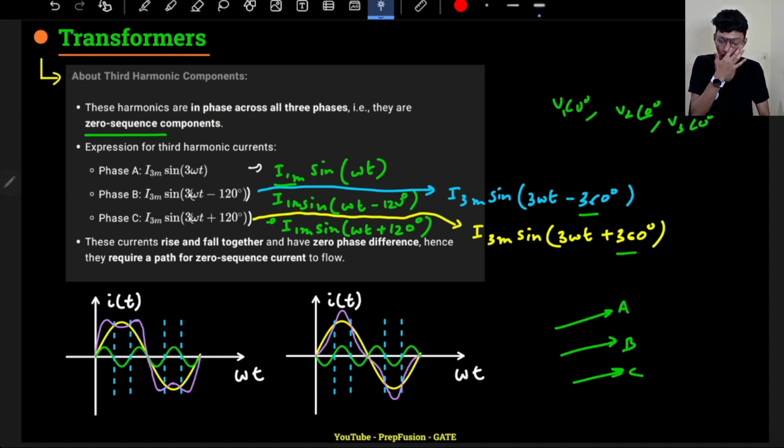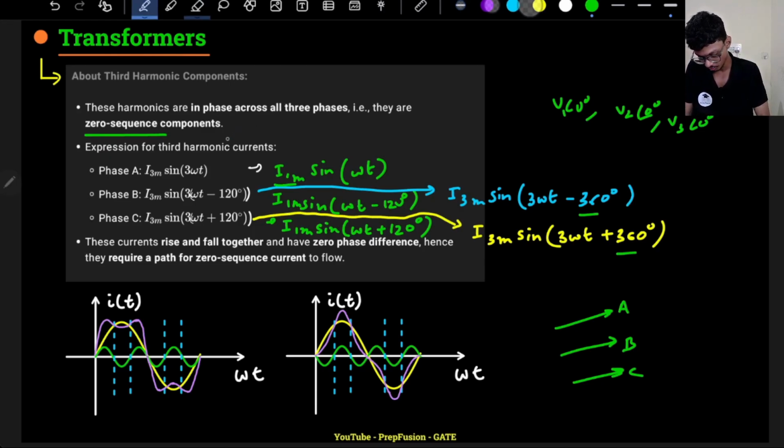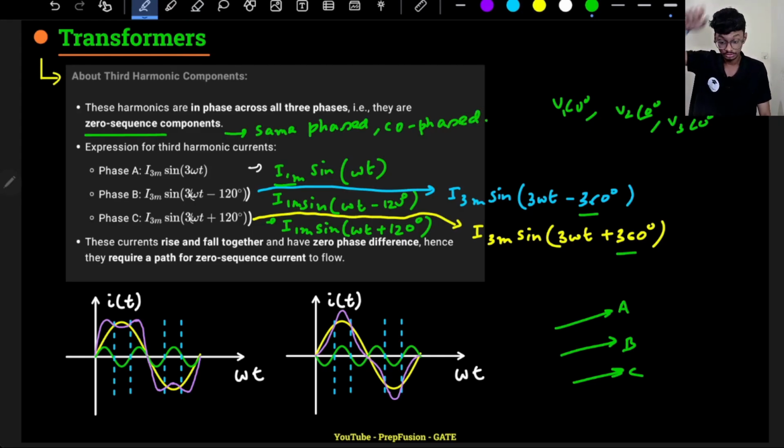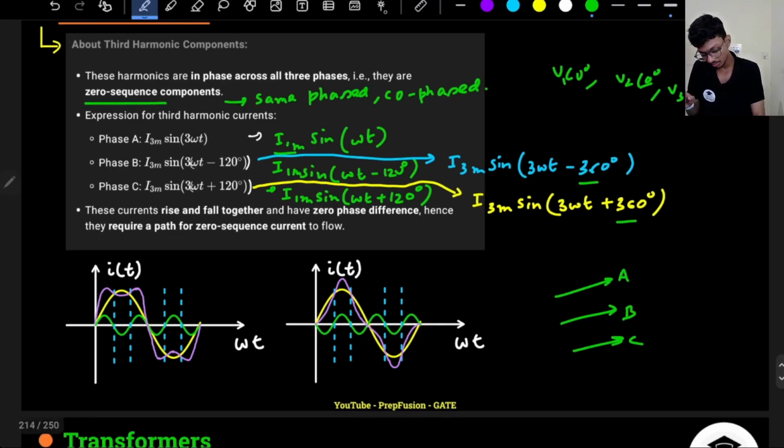Also they are called co-phased, same phased or co-phased.